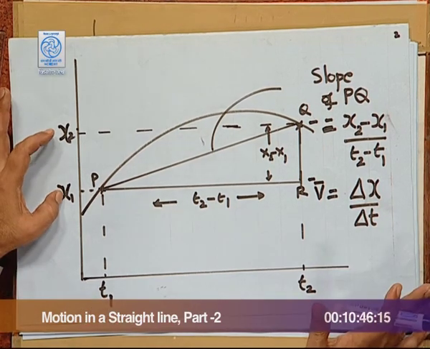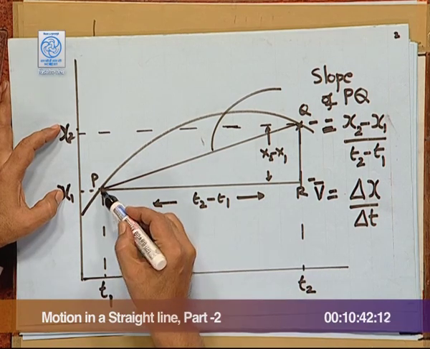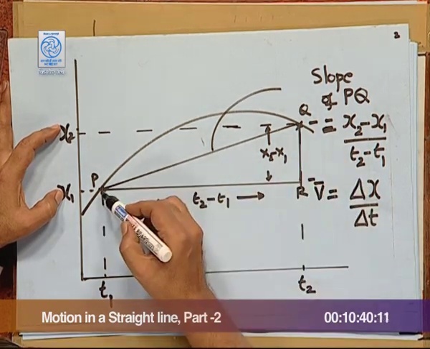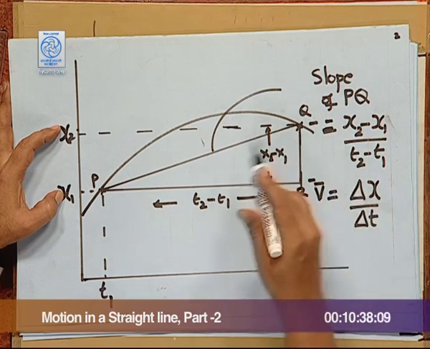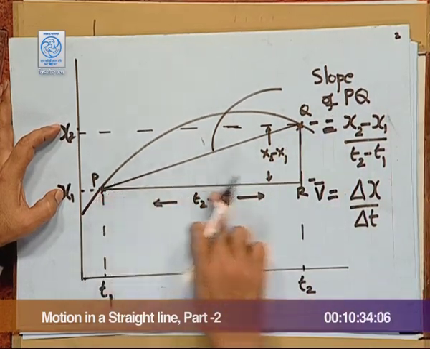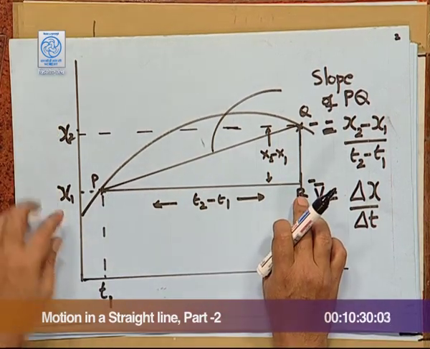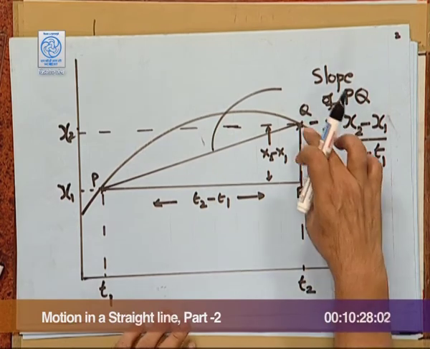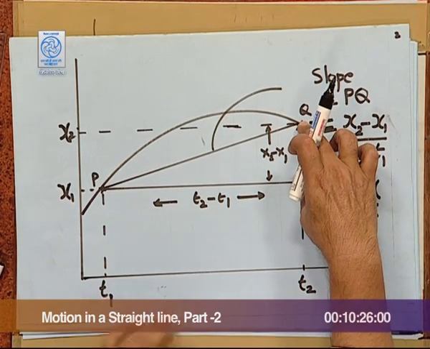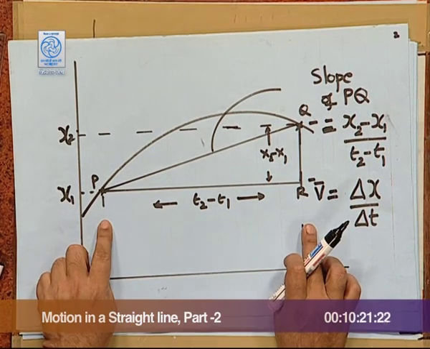If I join the points p and q by a straight line p q and then draw a line parallel to the time axis, indicated here as p r, then q r gives you the change in displacement in the interval t 2 minus t 1.